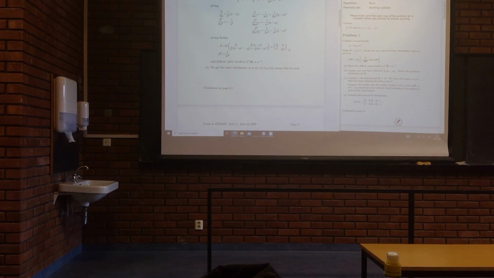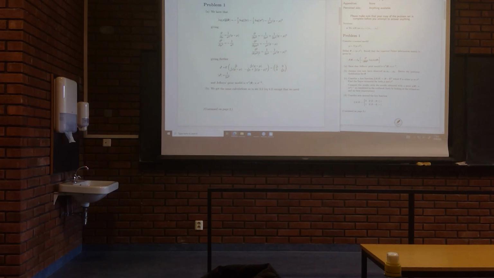Excuse me? Yes? In that exam text, it looks like the expectation is over the parameter, since there's a theta in there. Why is that? Sorry? If you look at the actual exam text, at the definition of the Fisher information, it looks like the expectation is over theta. Well, that might be a bit unfortunate if you're not used to this kind of notation.